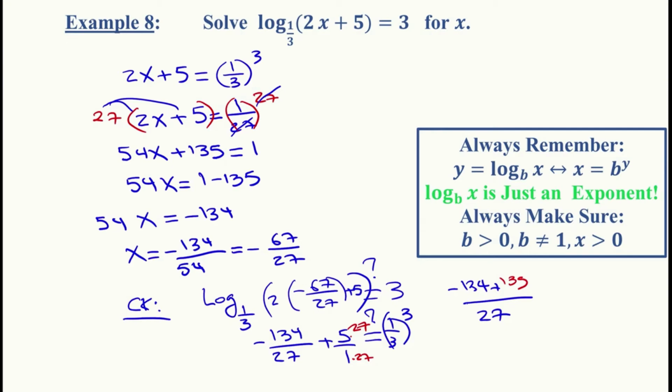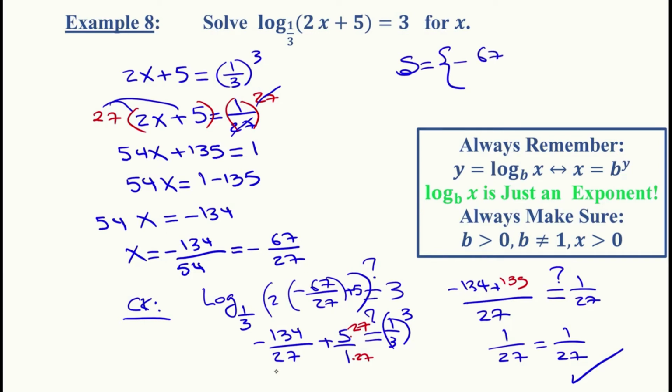We go back to my other color. We want to know if that's equal to 1/27, and notice negative 134 plus 135 is 1, so we get 1/27 equals 1/27, so it passes the check. All right, so if you want to write the solution set, it contains one value, and that's negative 67 over 27.